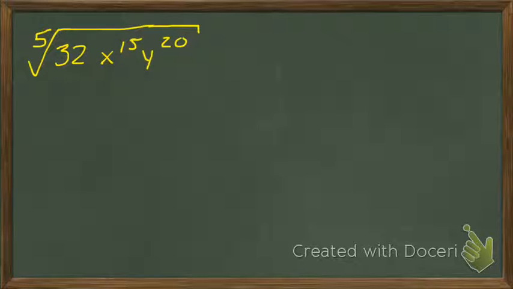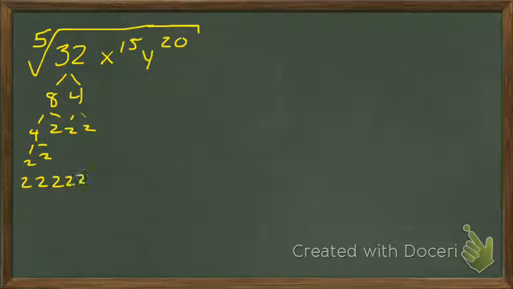I am not writing out the letters in this one. 32, no matter how you get there, is five 2s. Doesn't matter the path you take, you're going to get five 2s. So that's good because our index is 5.